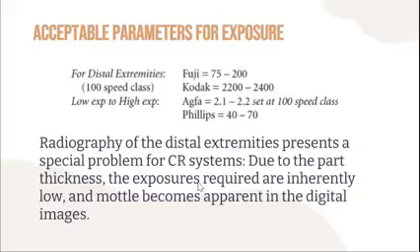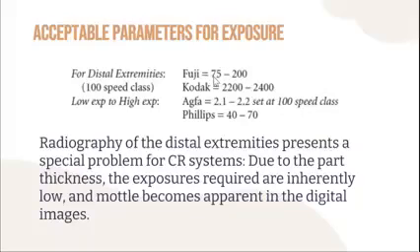Next, for distal extremities with a speed class of 100. From low exposure to high exposure, Fuji is 75 to 200. The median pixel value for the 100 speed class is 100. Okay, for Fuji. So the question is, why 75, sir? Shouldn't it be 50? The answer is that 75 is considered underexposed by the Fuji manufacturer.